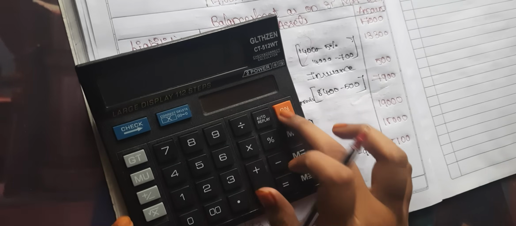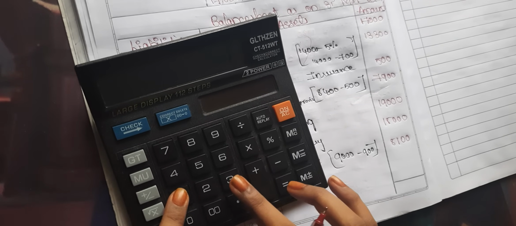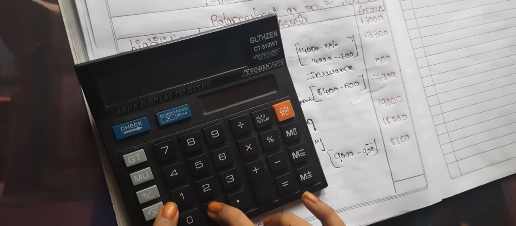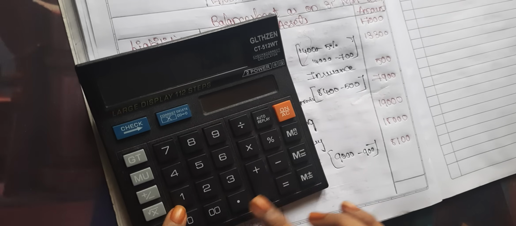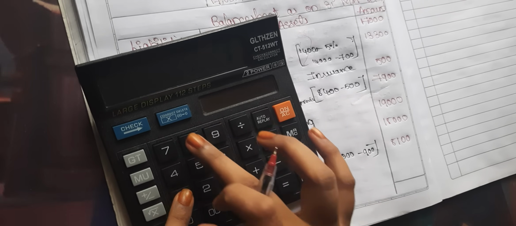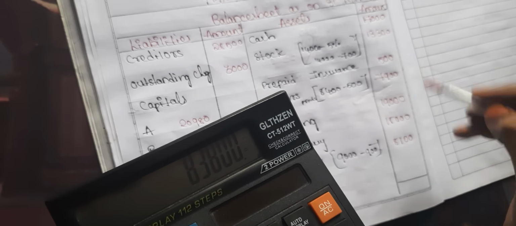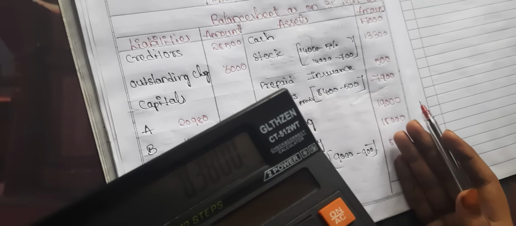Wait, we have done some mistake while entering, I think we took some other number instead of the particular numbers.